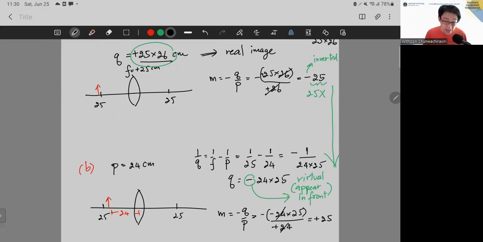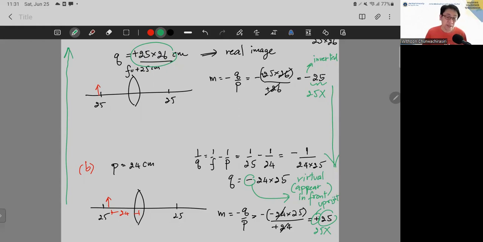So what does it mean? It means it's upright. And it's 25x. So that means when the object crosses inside the focal length in the front by just a bit, you generate this, which is not to scale, but it's huge, like 25 times. Upright, because this is positive 25, and it's 25 times bigger, and it's going to be virtual.